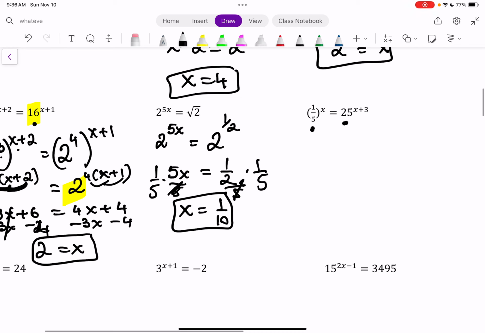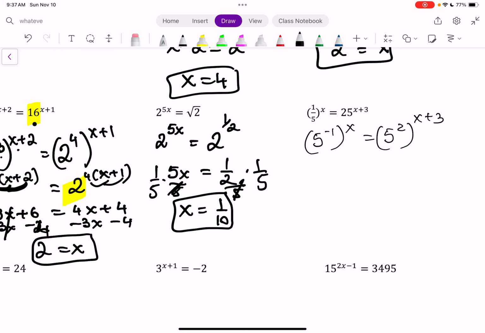All right, so let's see here again. Can we find a common base for 1/5 and 25? Okay. So 1/5 is 5 to the power of -1. Remember, negative exponents produce fractions. 25 is easily 5 squared.